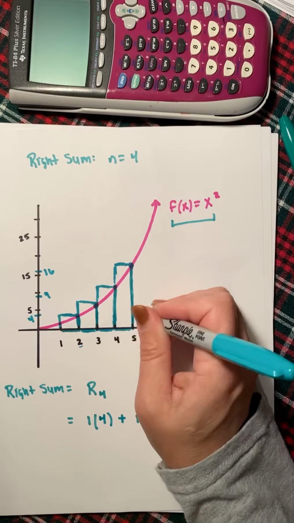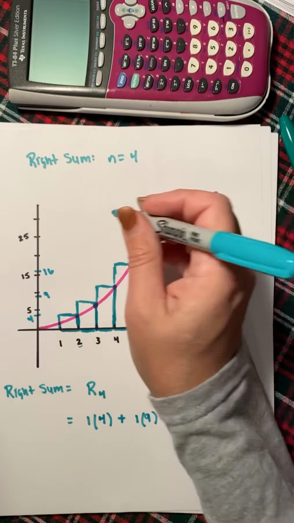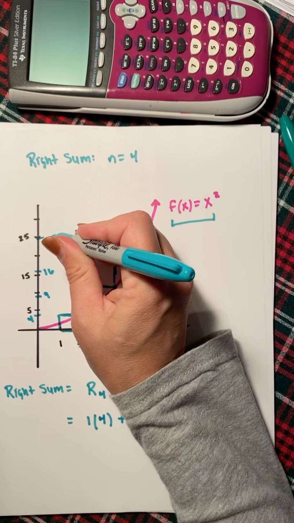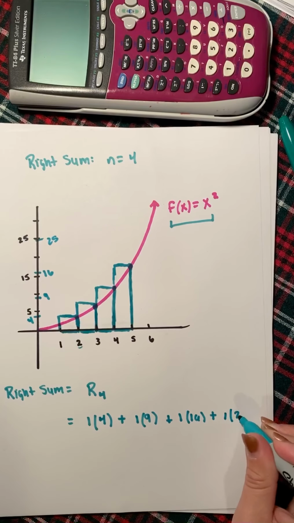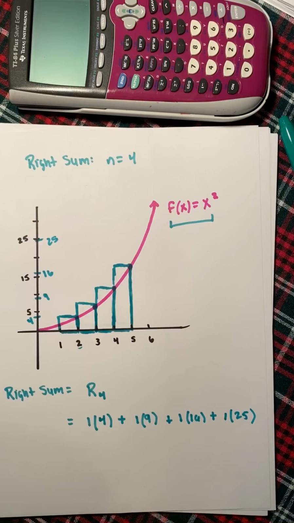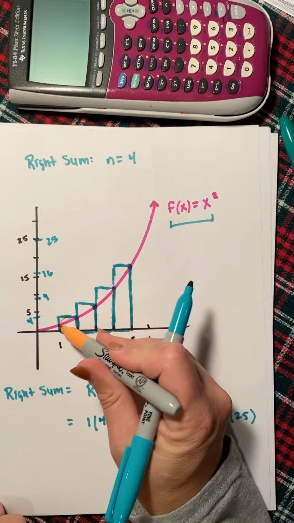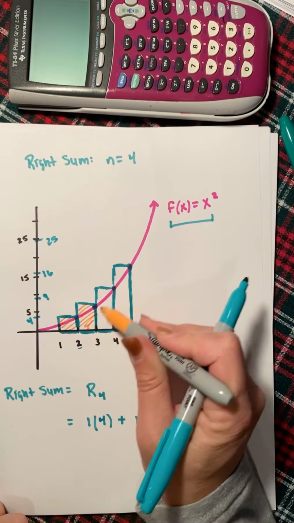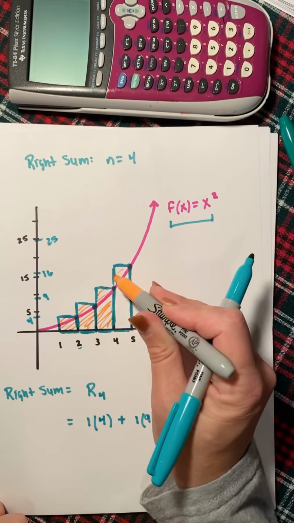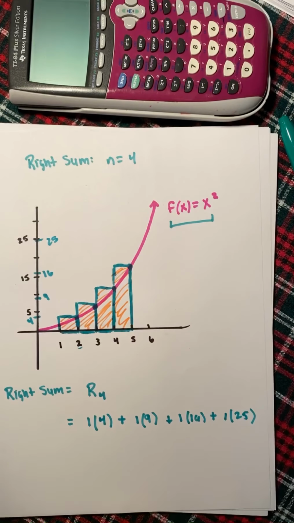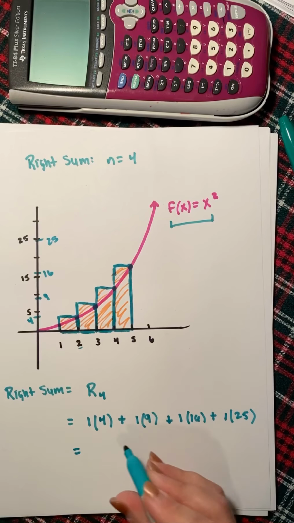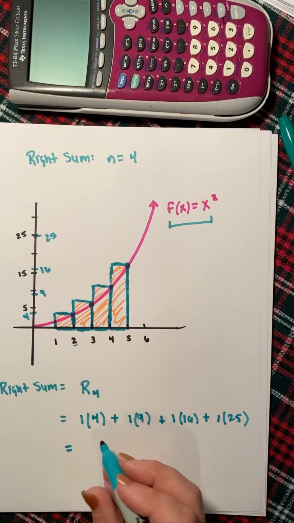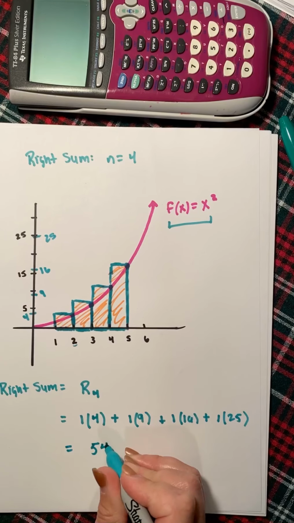And the last rectangle has height, oops, I'm a little off there, but 25. So now if I use this area to estimate the sum, we can see that it's a little too much area, but it's still going to be a pretty good estimate. So this area is going to be, if we add 4 plus 9 plus 16 plus 25, we get 54.